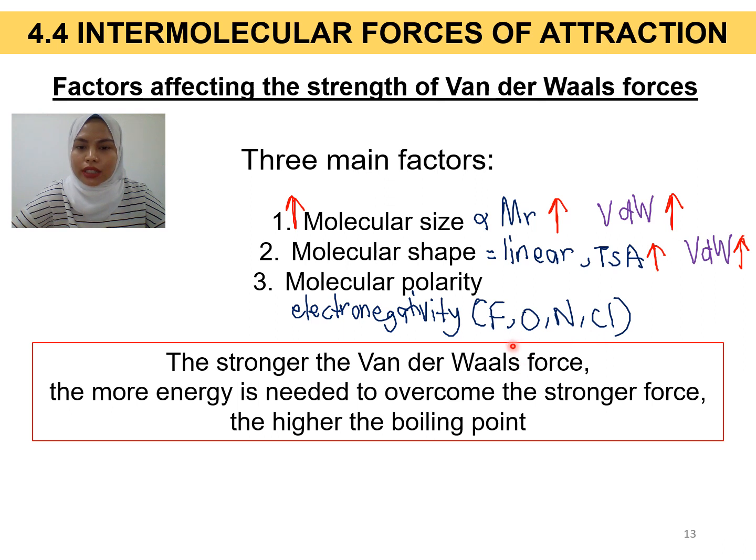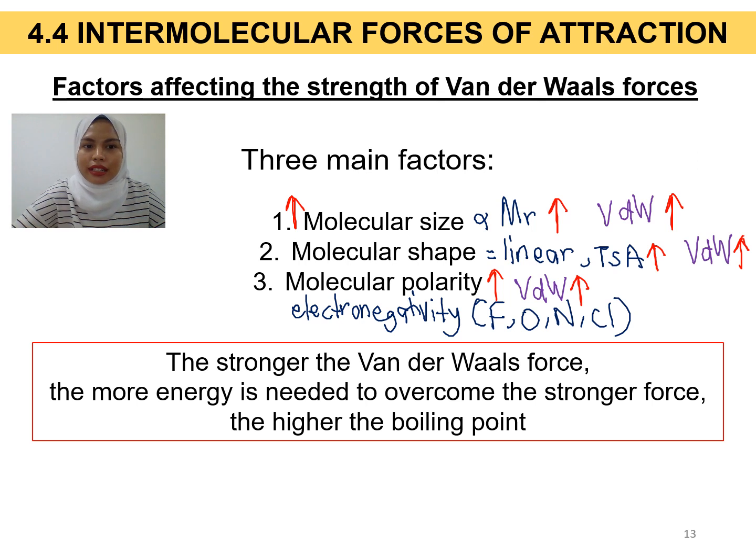So kalau molekul tu dia ada atom yang di mana ada mention any of these atoms, that means the molecule tu punya polarity dia will be higher, will be increased. So bila molecular polarity dia tinggi, therefore the van der Waals forces of the molecule pun will be tinggi.